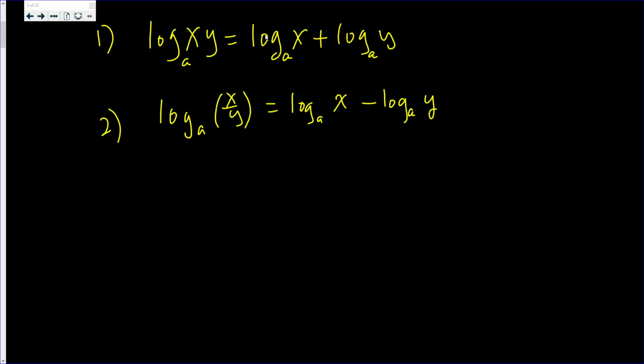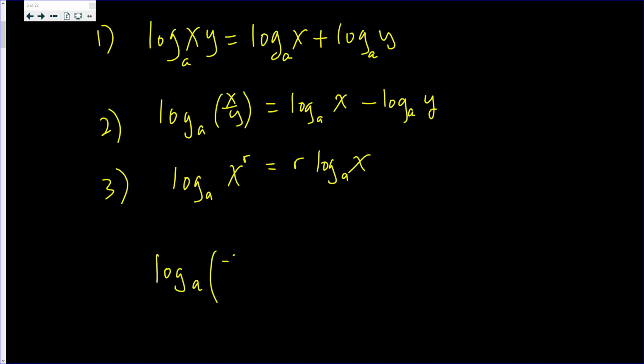Now, the third statement says log base a of x to the r, you can bring down the power in front. It's r times this. Now, just like 1 and 2, this can give you trouble. For example, log base a of negative 2 over negative 3.